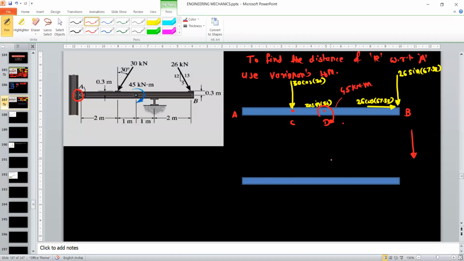For the resultant system, we don't know the exact location of the resultant with respect to point A, but we know the direction. Resultant is directed in the third quadrant. So just I will draw the resultant like this.